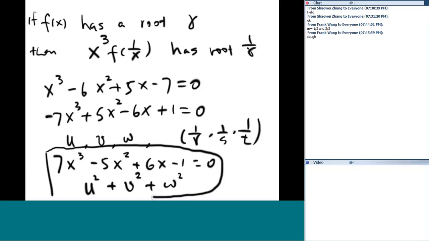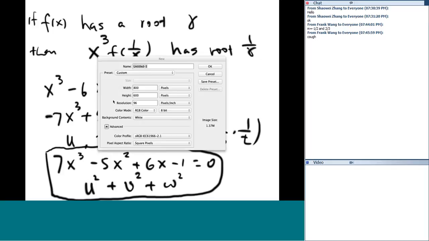So you know how to calculate this. You can just use whatever they called before, Newton's sums.